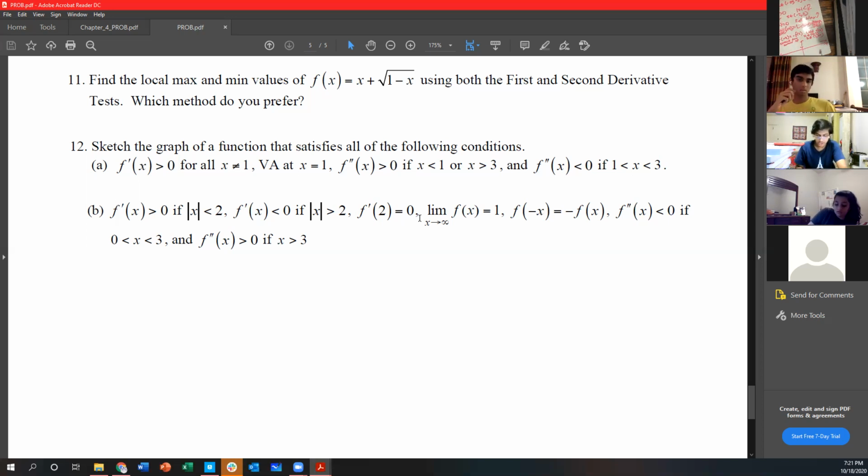Now, if this is an odd function, logically speaking, if we have positive 1 as the asymptote here, then as x approaches negative infinity, our asymptote should be what? Since it's an odd function, what should it be?